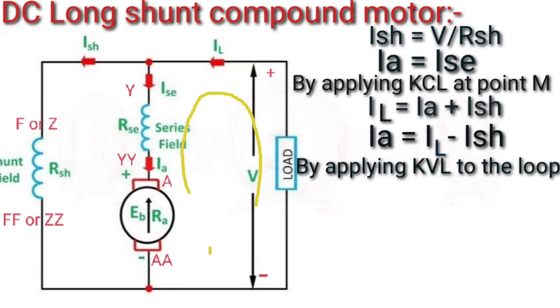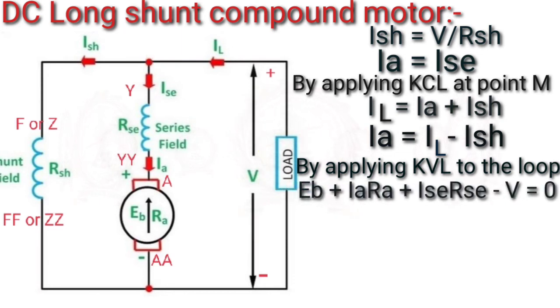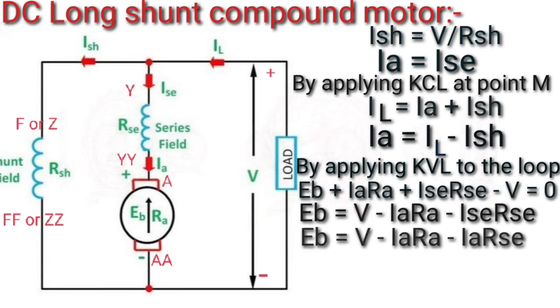By applying KVL to this loop, we get EB plus IA RA plus ISC RSC minus V is equal to 0. EB is equal to V minus IA RA minus ISC RSC. EB is equal to V minus IA RA minus IA RSC.